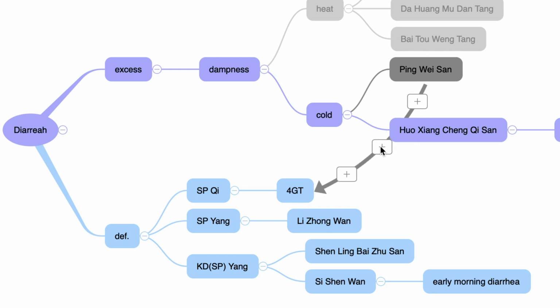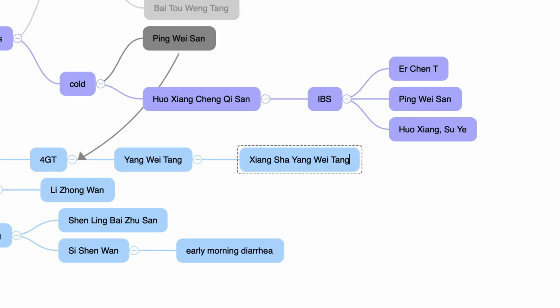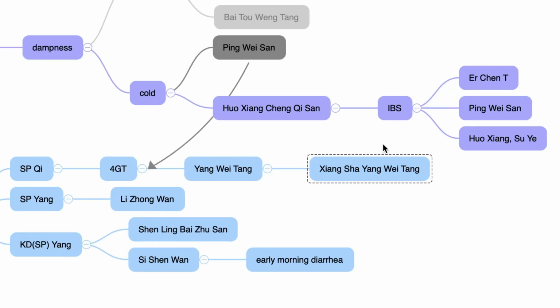And you can make another modification. This Xiang Sha Yang Wei Tang has Four Gentlemen's decoction and Pingwei-san, both of them. So excessive side and deficiency side, both of them.